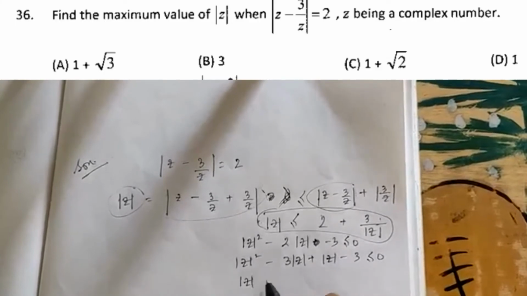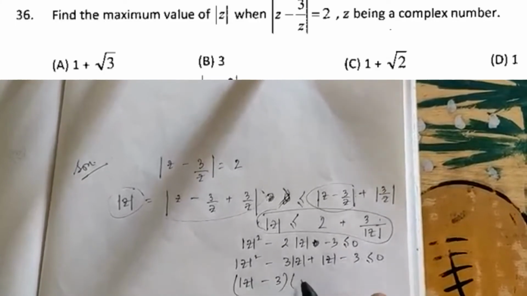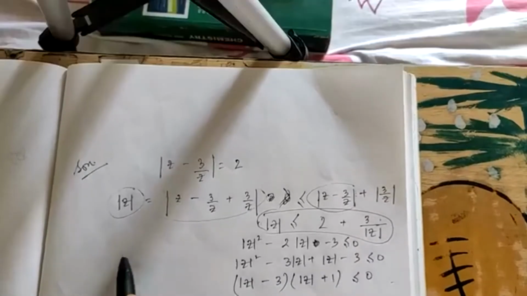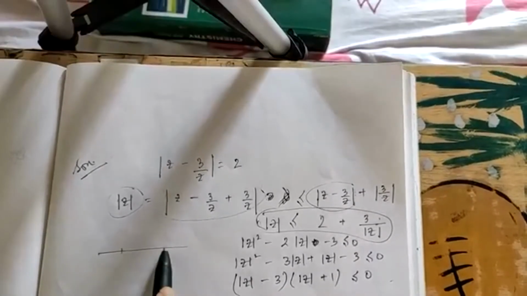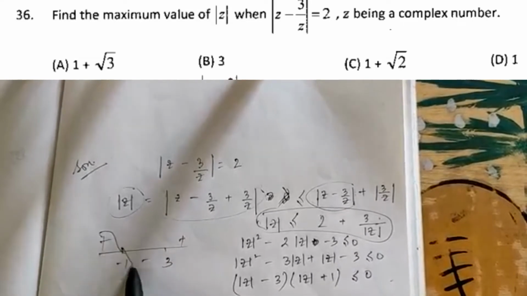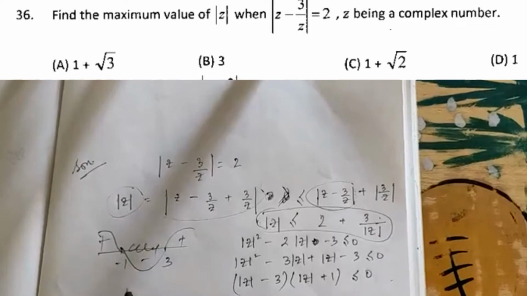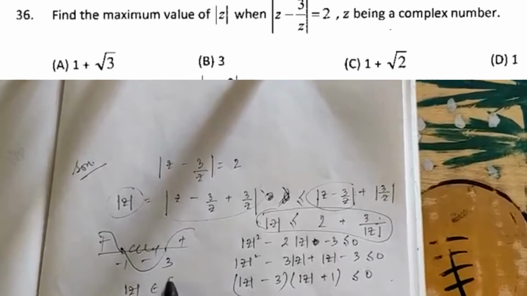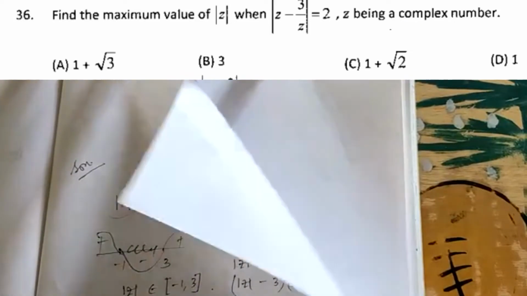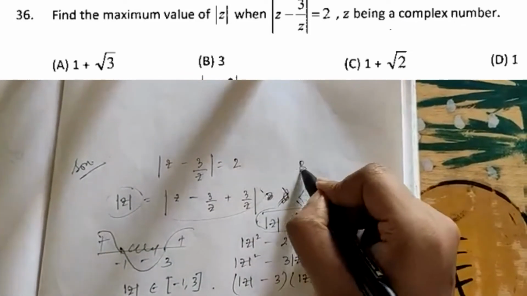From here it will come as (mod Z minus 3)(mod Z plus 1) less than or equal to 0. So my critical points are minus 1 and 3, with signs plus, minus, plus. From the wavy curve sign scheme method, we can say that mod Z lies between minus 1 and 3. So the maximum value is coming as 3. Option B will be the right answer here again.